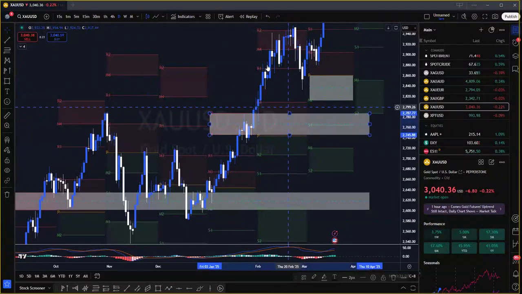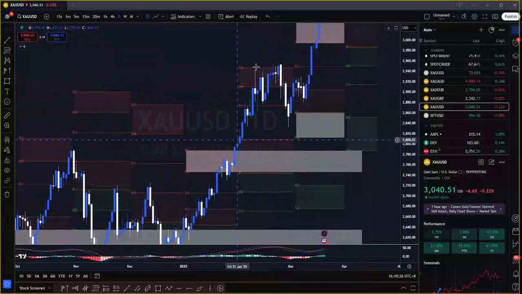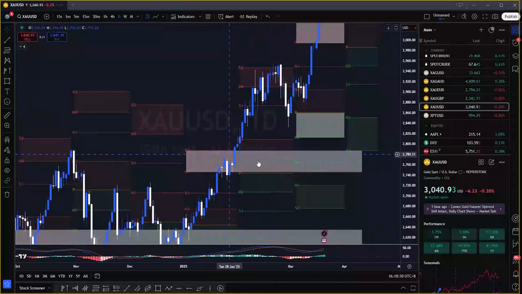And therefore, if price does in fact come back down into this area, we will not expect any sellers to be selling in this area here.